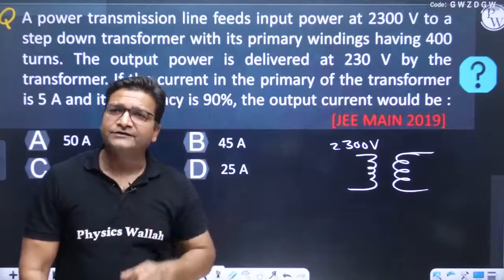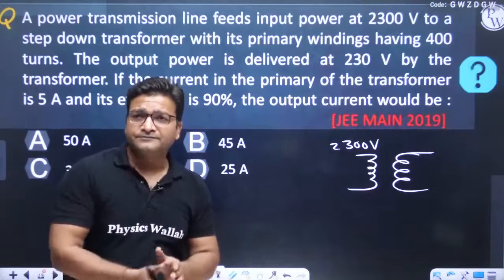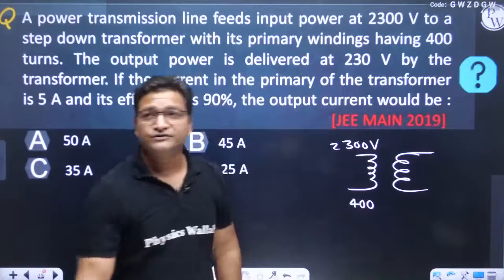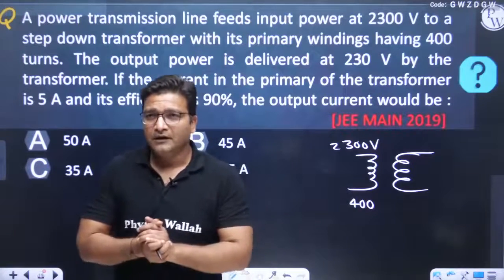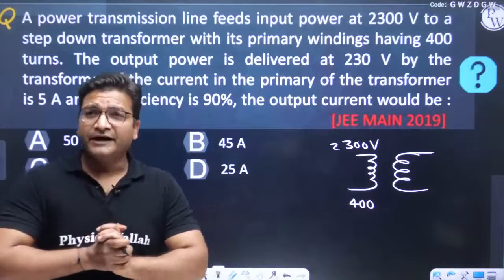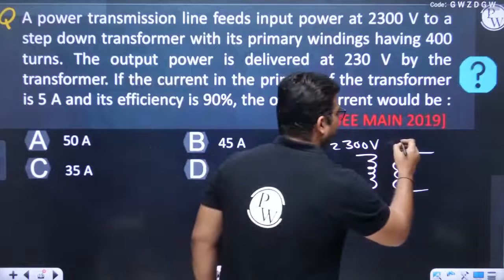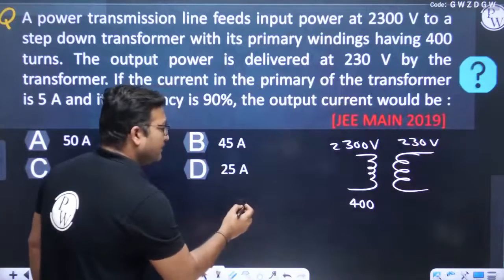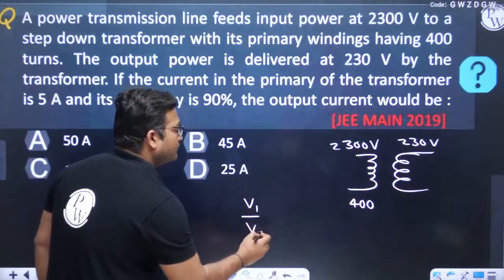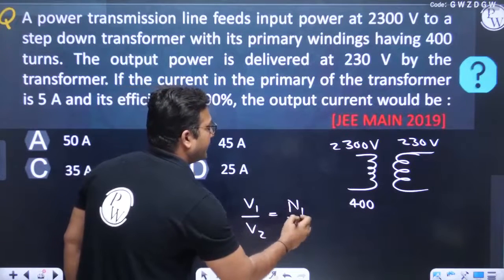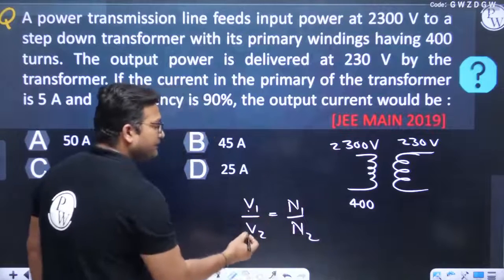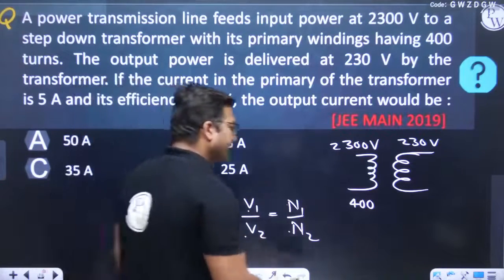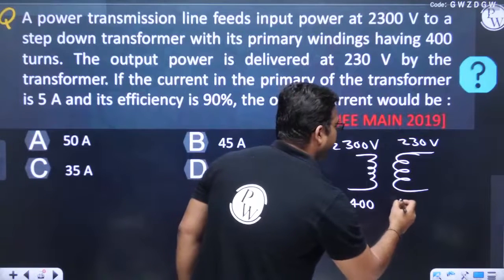The primary winding has 400 turns. Let us read the question. The output power is delivered at 230 volt. So here we have 230 volt. As you remember, V1 by V2 is equal to N1 by N2. By putting V1, V2 and N1 here, you can easily calculate the number of turns here are 40.